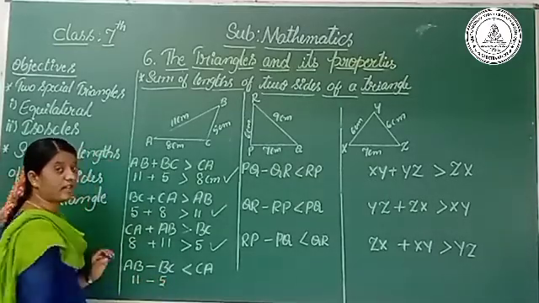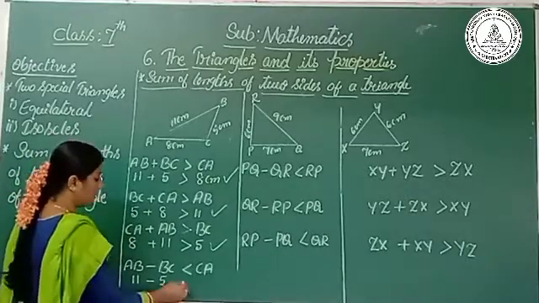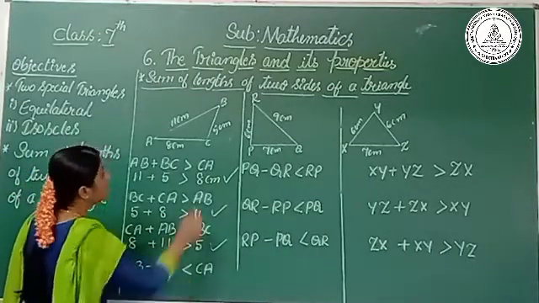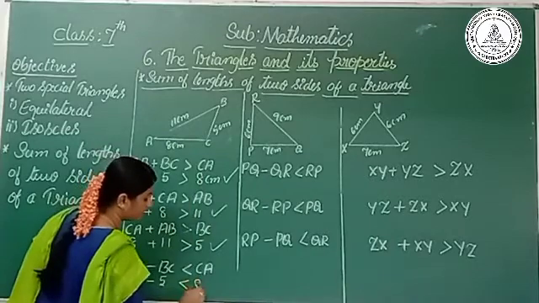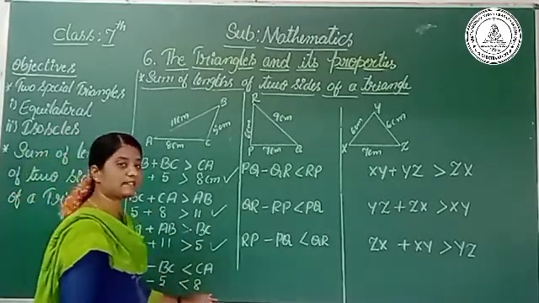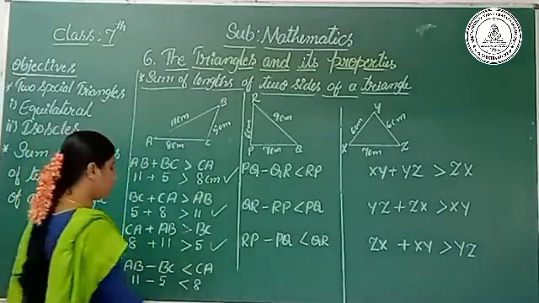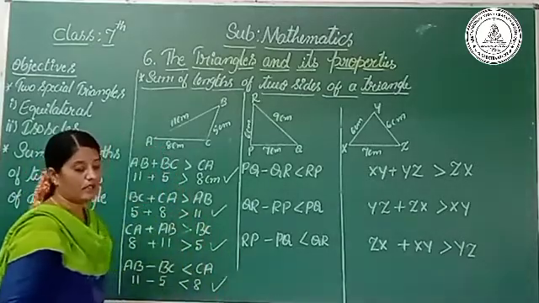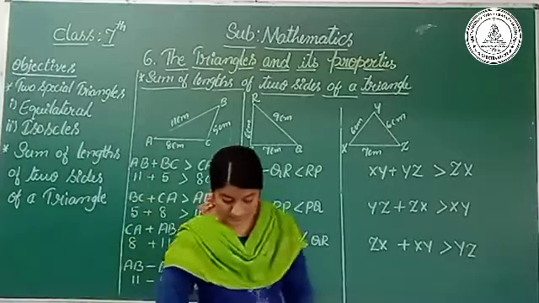So 11 minus 5 is how much? That is 6. So 6 is less than AC. So 11 minus 5 is 6, and 6 is less than 8. So hence it is true.